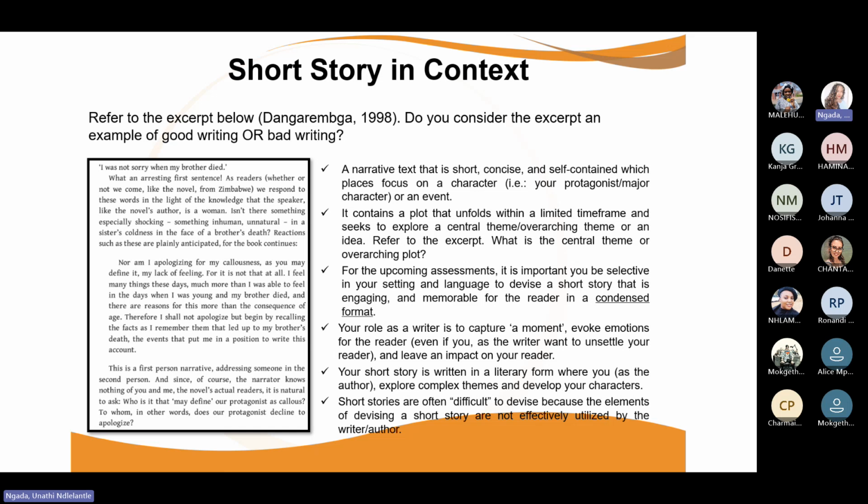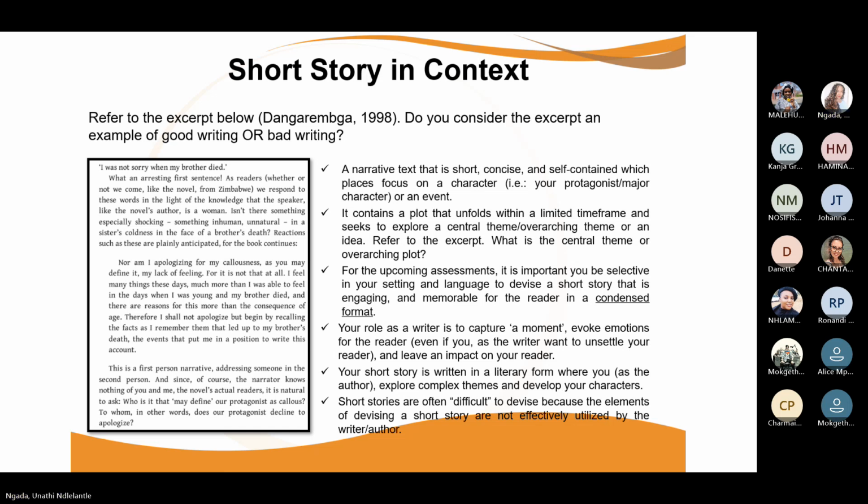While I am contextualizing the short story, please take time to read the excerpt so that when I start giving you information on how to write a narrative text, you can link this to the provided excerpt, because the excerpt itself is a very good example of how to write a narrative text.